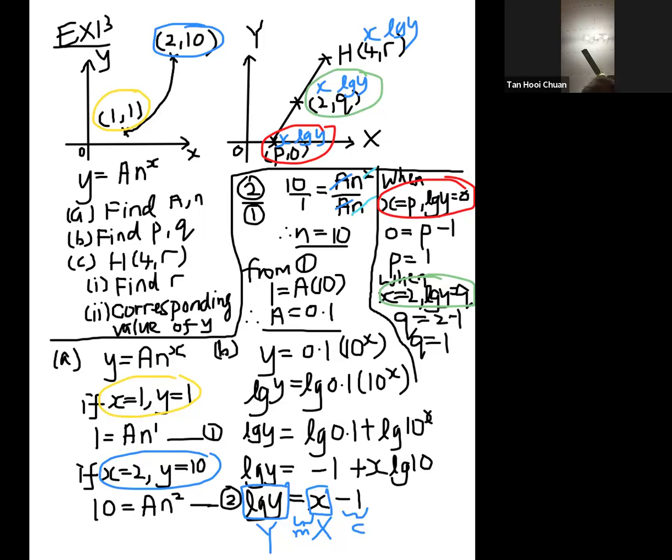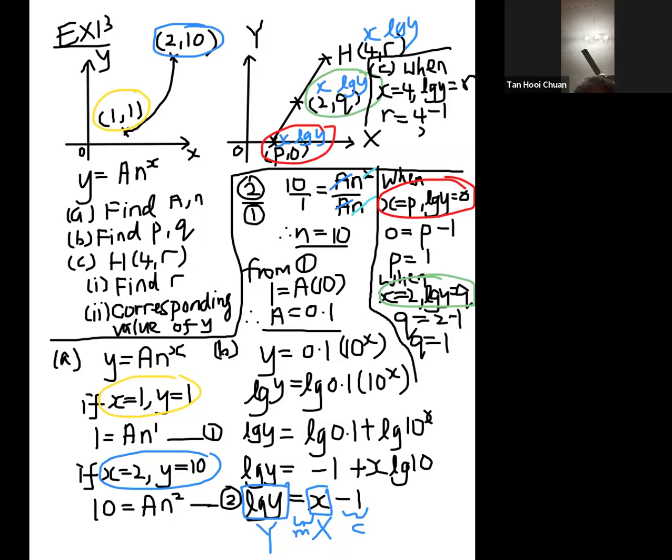I think C I write here. When x equal to 4, lg y equal to R. So R equal to 4 minus 1, equal to 3.